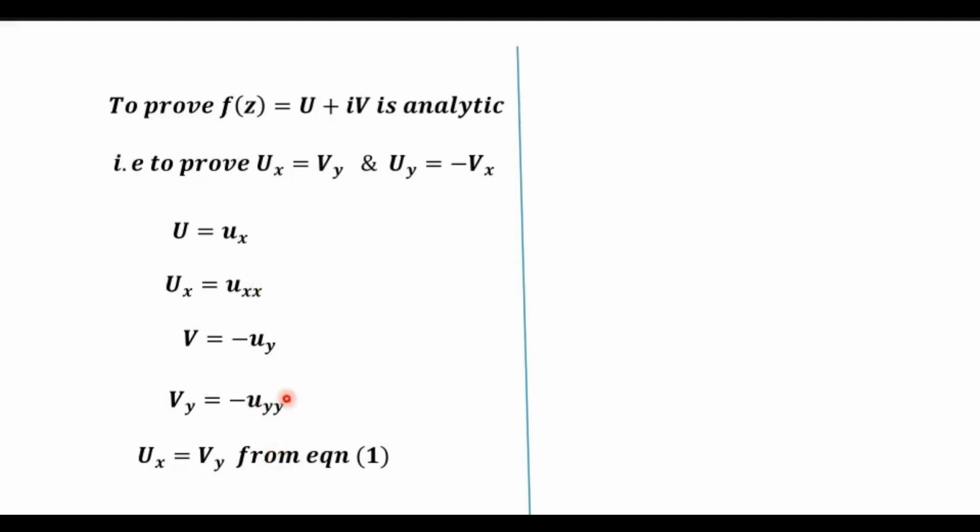Now how are they equal? From equation 1. So for the first CR equation I wrote U, wrote V, and had to find Ux and Vy. Now Ux is equal to Vy requires uxx to be equal to minus uyy, and that we have got from equation 1. So that is why Ux is equal to Vy.